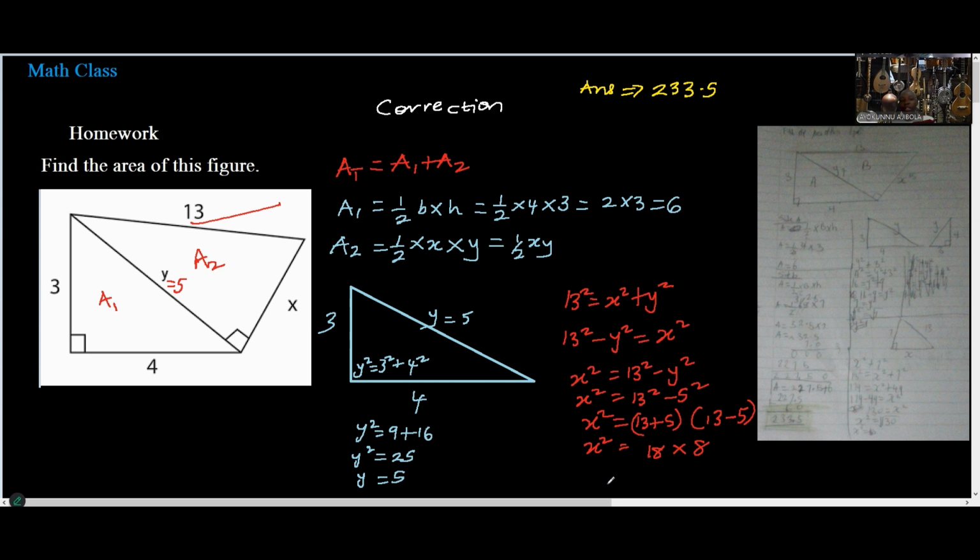Then what is 18 times 8? 10 times 8 is 80. 8 times 8 is 64. What is 80 plus 64? 144, right?